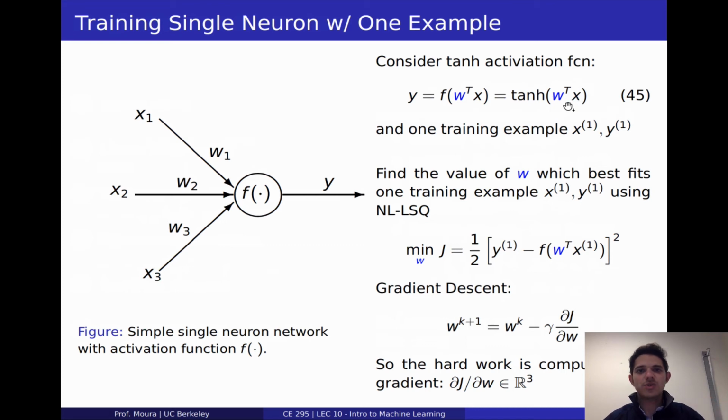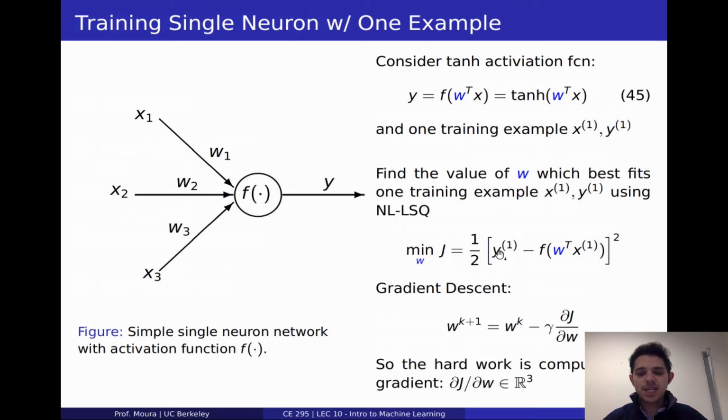I give you one training example, (x_1, y_1), and what you now must do is find the best values for w, a 3 by 1 vector, which fit this training example. Right? Now to do this, we can formulate an optimization problem. Namely, we're going to use nonlinear least squares.